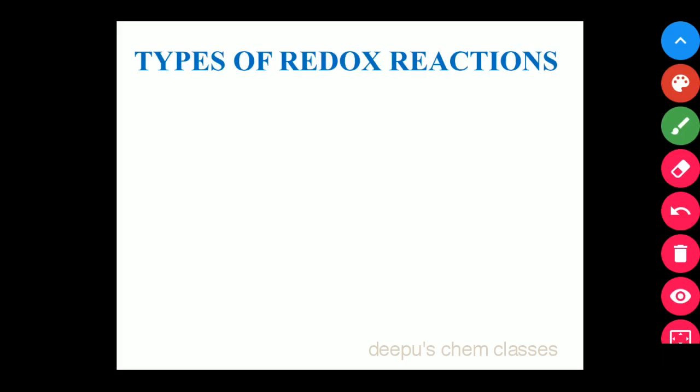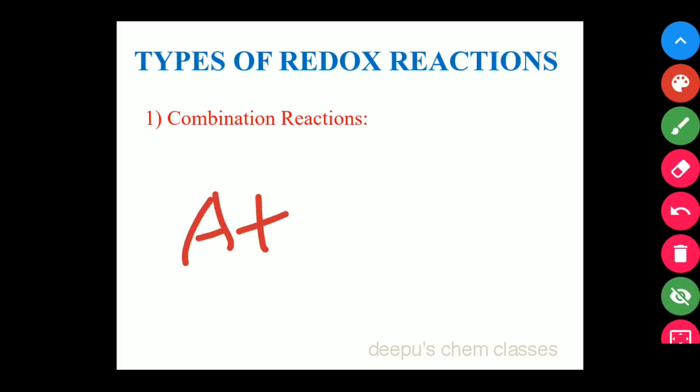The first among the types of redox reaction is the combination reaction. Usually a combination reaction involves a combination of two elements or two compounds which leads to the formation of a single product.